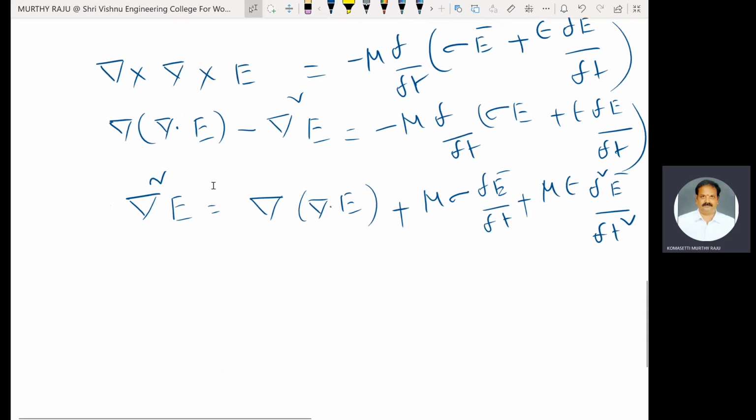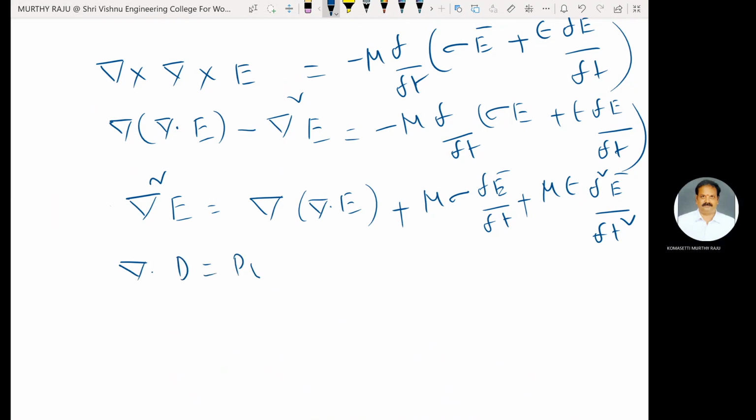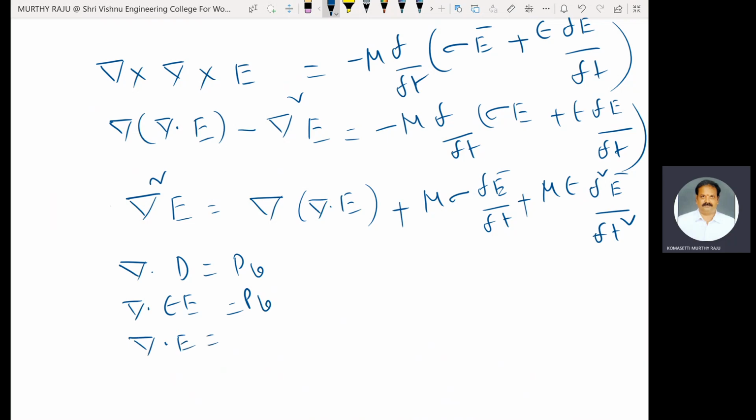For any media, conducting or non-conducting, rho v is 0. Del dot D is equal to rho v. Del dot D, with D equal to epsilon E, is equal to rho v. Del dot E is equal to rho v by epsilon.